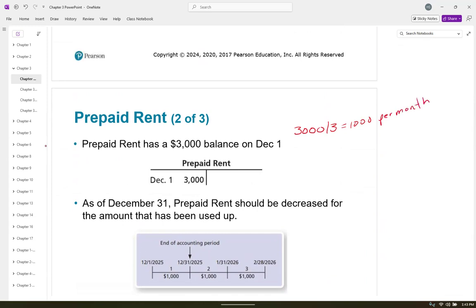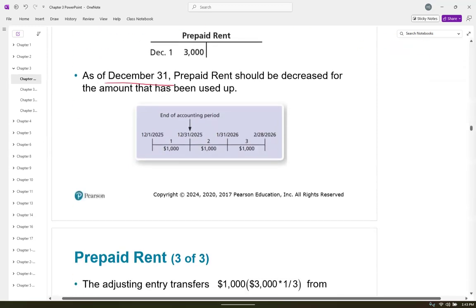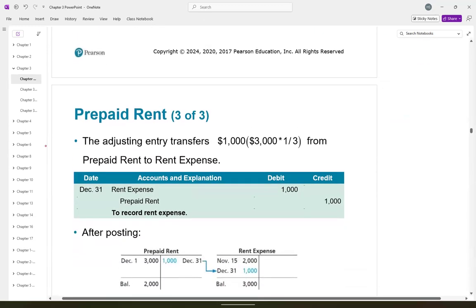Okay. End of the period is December 31. So from December 1 to December 31, we've used a third of that, $1,000. And that's where they get the 1/3 right here. Okay. This is the adjusting entry.